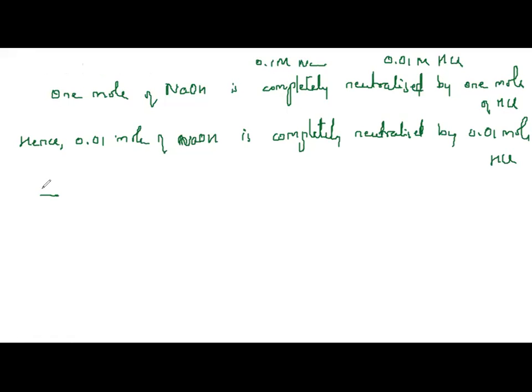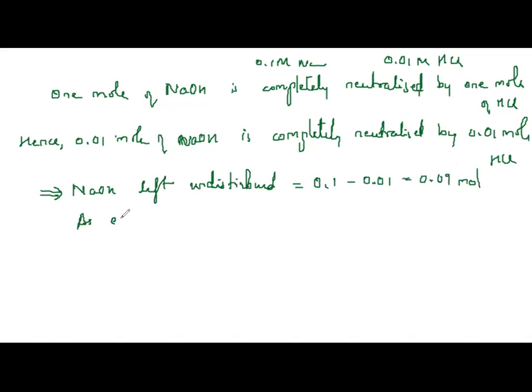Therefore, from this explanation, the NaOH left undisturbed will be how much? They have given 0.1, minus how much is used? 0.01 is used. How much remains? 0.09 moles remain. Correct?